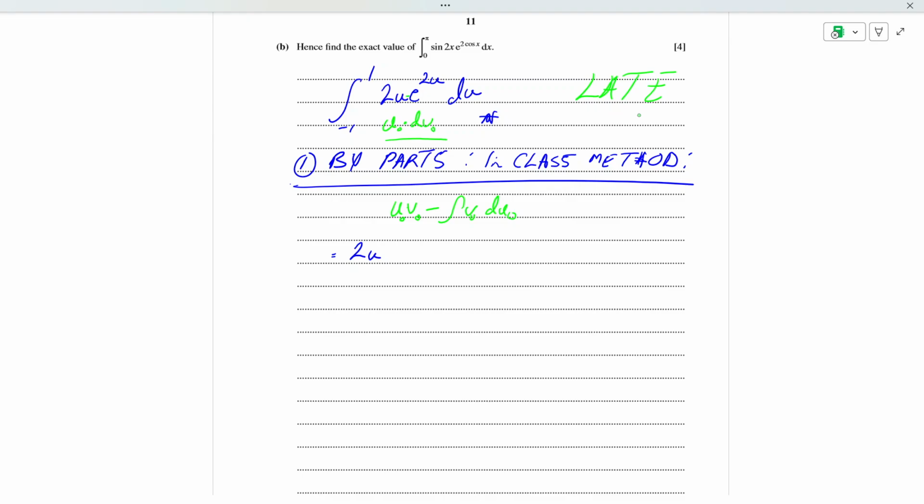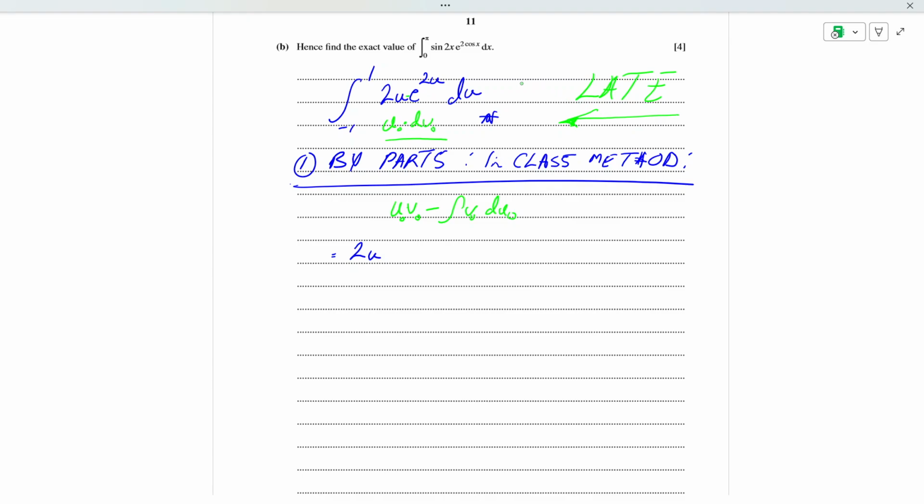So the order of precedence is backwards. L is for logarithmic functions, A is for algebraic functions, T is for trig functions, E is for exponential functions. In this case, we have an algebraic function and an exponential function, and the one of higher precedence for assuming the value of u is the algebraic function.